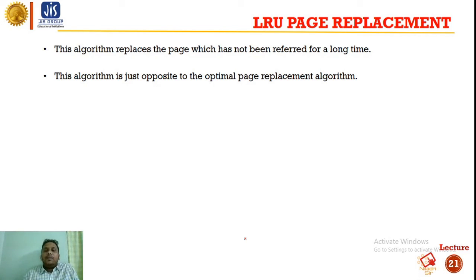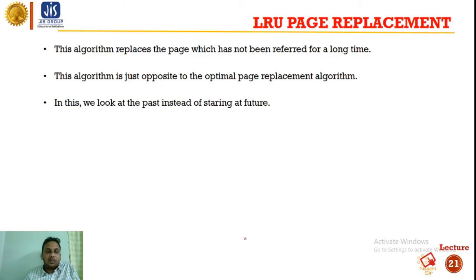But in LRU, we replace the page which was used earliest, in the past. It is similar to first in first out, but not first in first out. In this, we look at the past instead of the future.